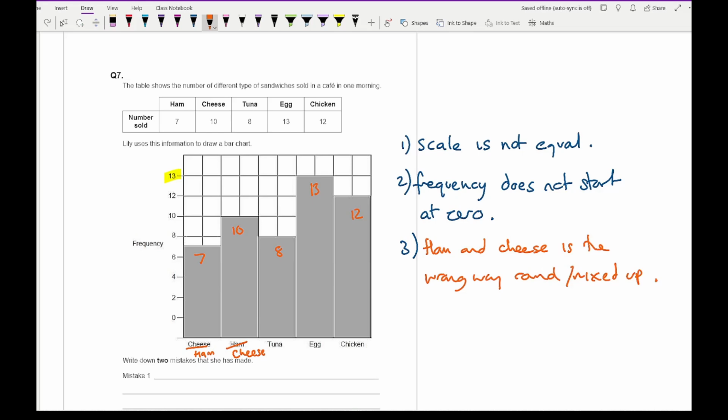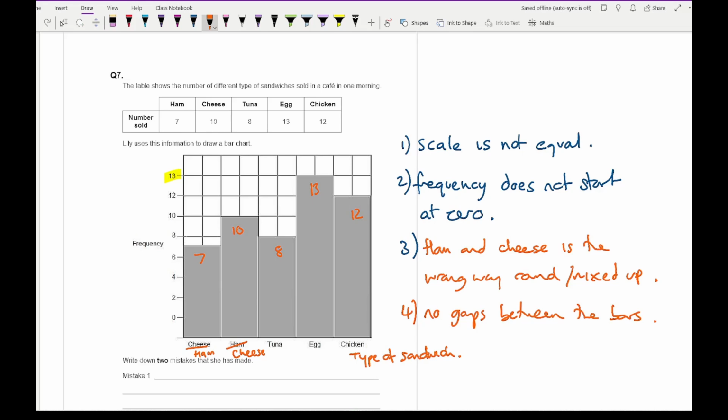You could maybe stretch at saying the type of sandwich has not been labelled. Maybe that would be allowed. You may need to check the mark scheme to see if any other criticisms you've found are correct. Also, I can see that we've got no gaps between the bars. So Lily has properly messed up this question.